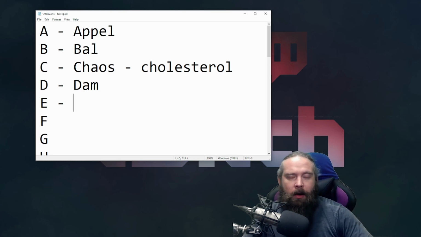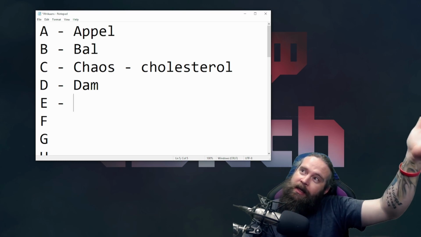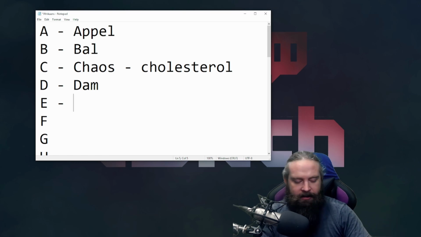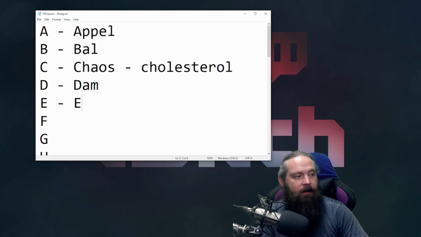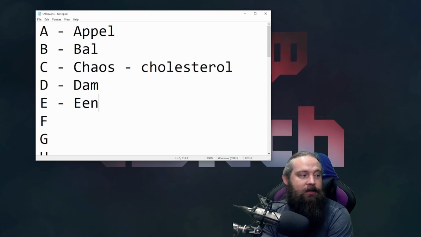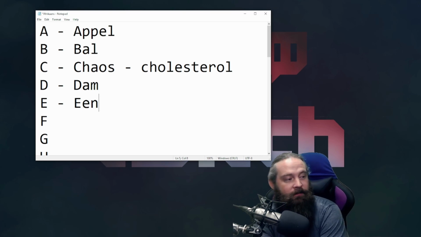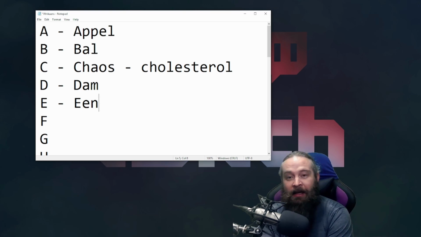E. Now I need to remember a word that starts with E. Let's make this one easier. E is vir een. Right? Now, E can also sound like an ear in normal sentences, especially if it's a double sound like that, E-E.